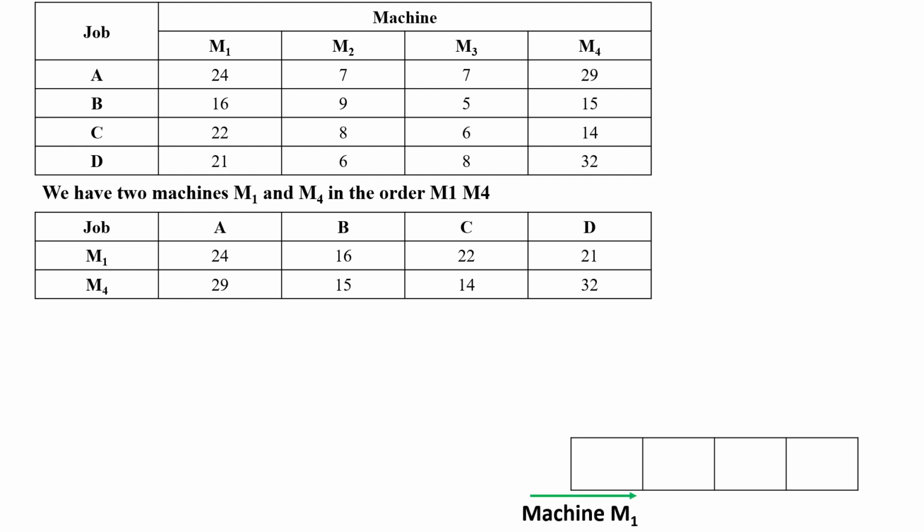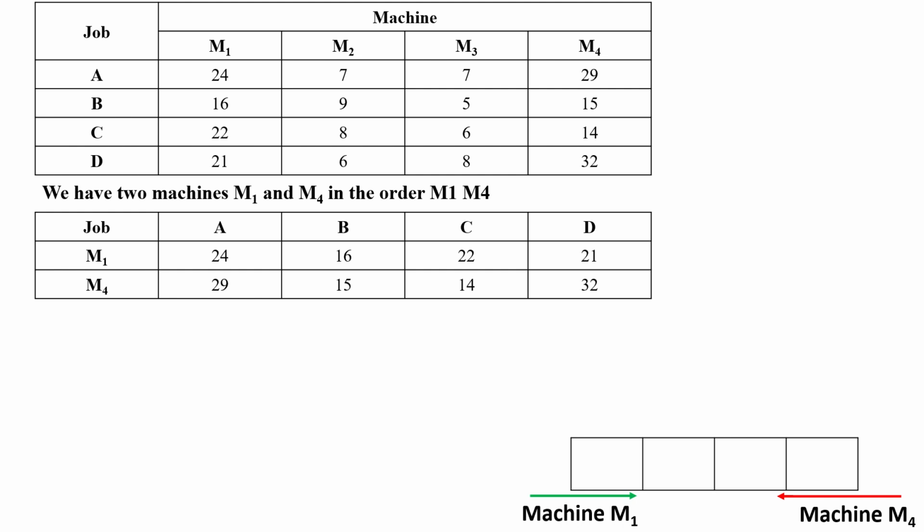And one more thing you have to remember: if the jobs are filled on machine 1, we have to place the job from the left side of the table. And if the jobs are filled on machine 4, we have to place the jobs from the right hand side of the table.